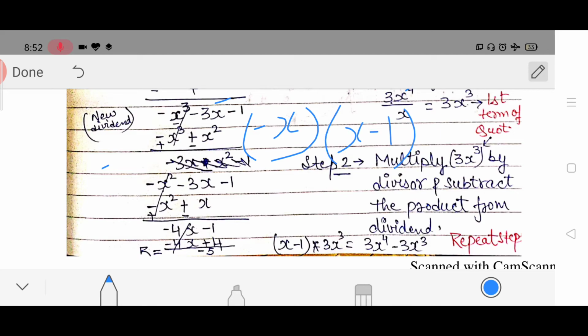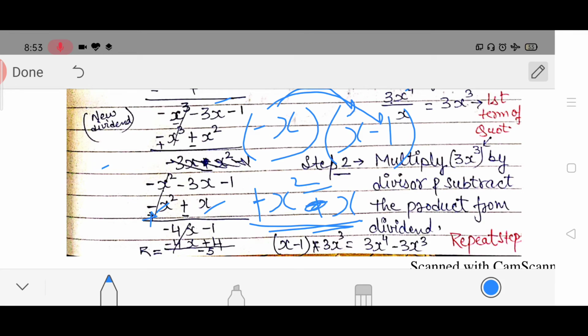Minus x into x is minus x square, and minus x into minus 1 is plus x. So you have to write this value below the new dividend, that is minus x square plus x. Now you have to subtract it, so you reverse the sign: it was negative, you make it positive, and it is positive, you make it negative.